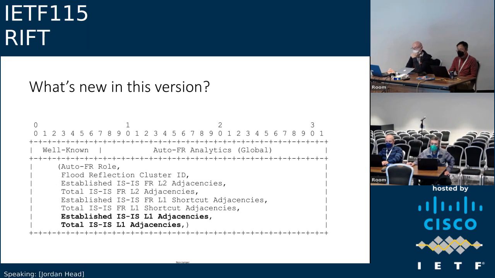Slightly more detailed view. The items in bold are what's new. As an example, if we were advertising KVs from a flood reflector client, a leaf node at the top of the fabric, we'd be able to see the state of functional versus total level 2 flood reflector adjacencies to the actual flood reflectors themselves.